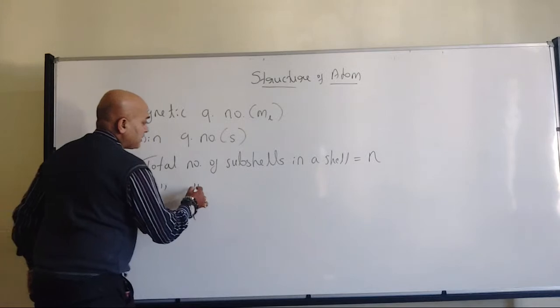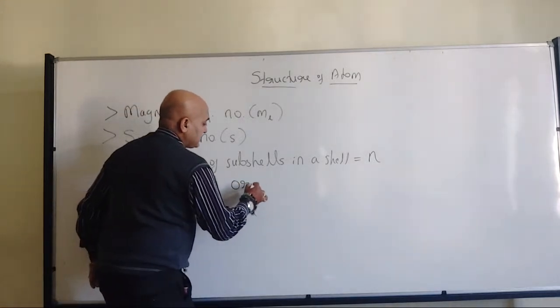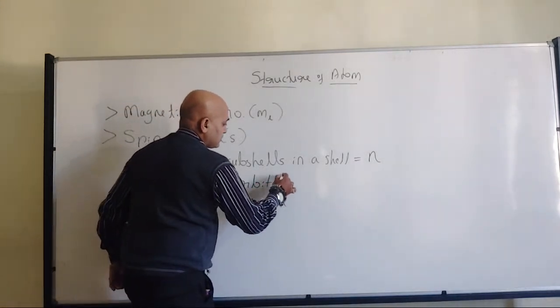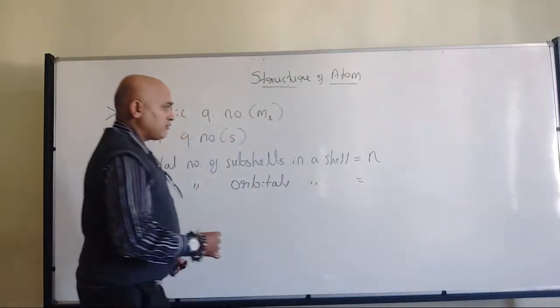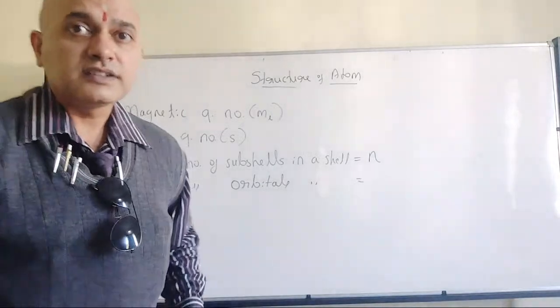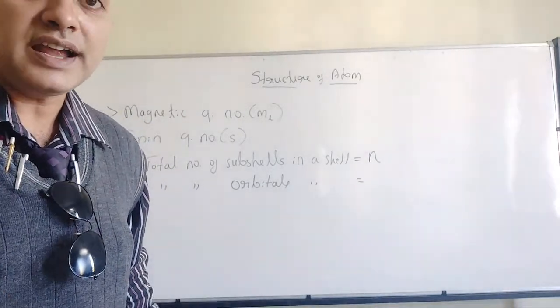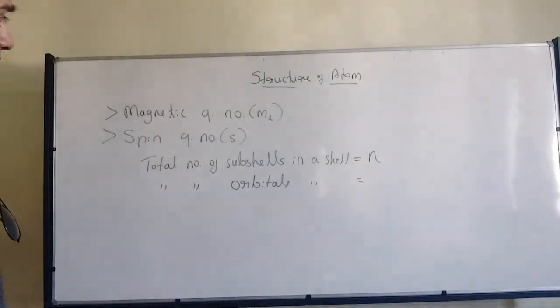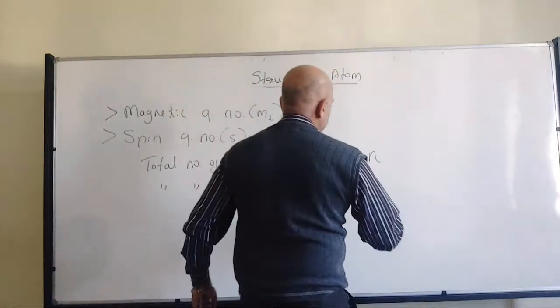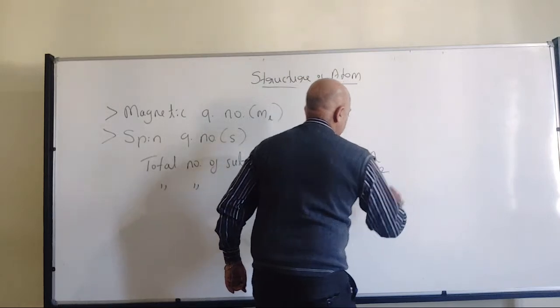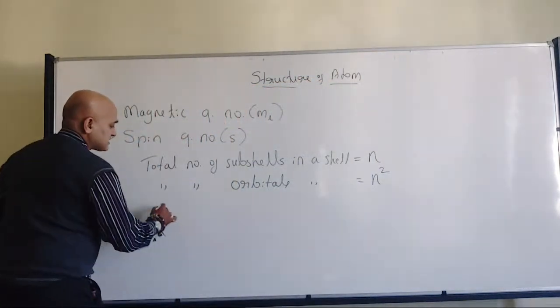Now total number of orbitals in a shell will be equal to, very good, n square.